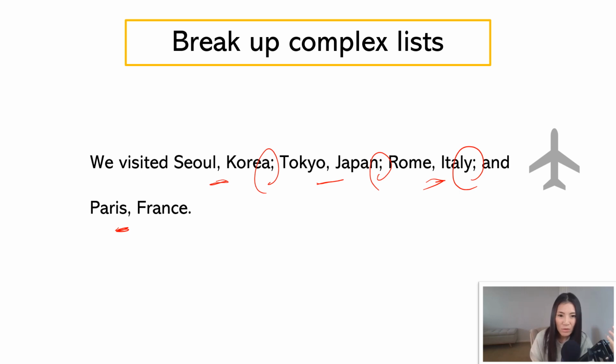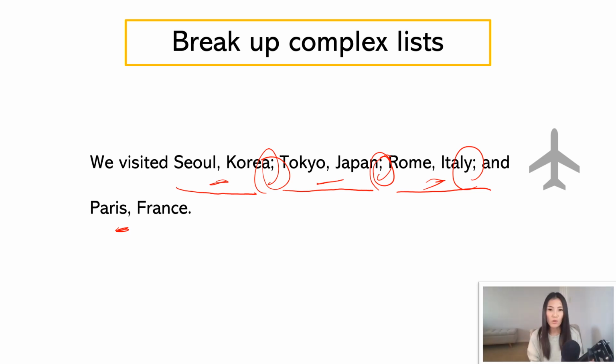It would be Seoul, comma, Korea, comma, Tokyo, comma, Japan, comma, Rome, comma, Italy, comma, and Paris, comma, France, period. So it would just be very complicated to understand, whereas here it's clearly a comma between the city, country, semicolon, city, country, semicolon, city, country. So this is what we mean by breaking up complex lists, if it's just easier for us to understand.